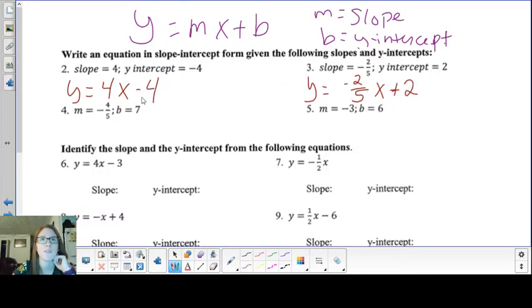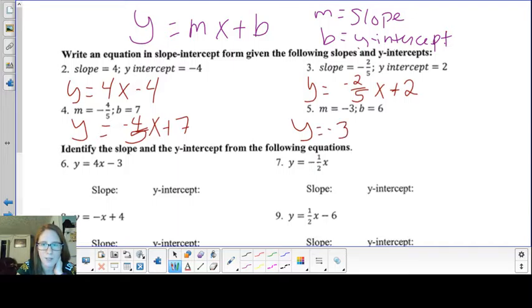So if it's negative, you're going to bring a negative sign. If it's positive, you'll bring a positive sign. Number 4, my y is equal to -4/5 x plus 7. And 5, I get y is equal to -3x plus 6.